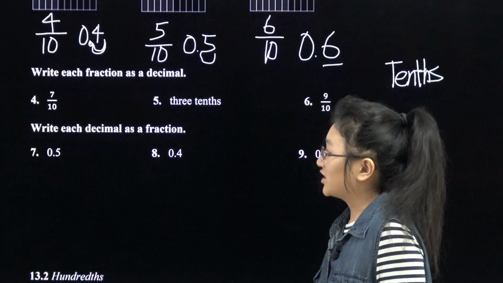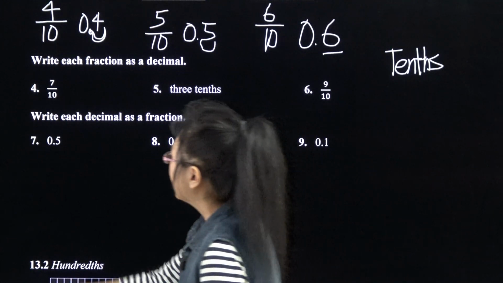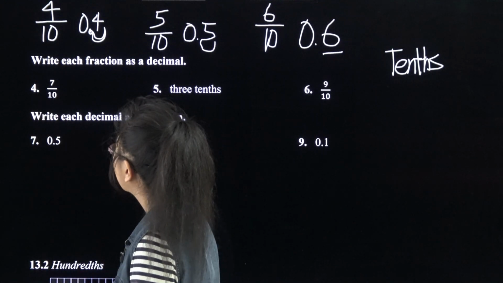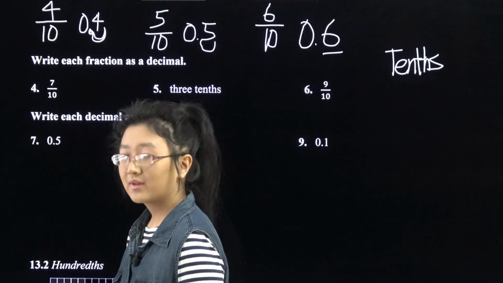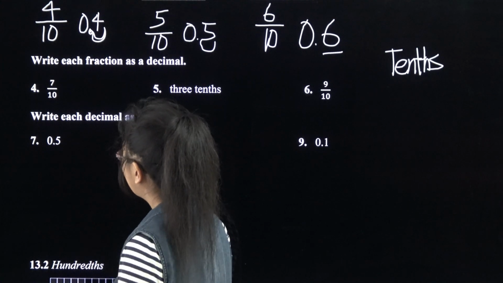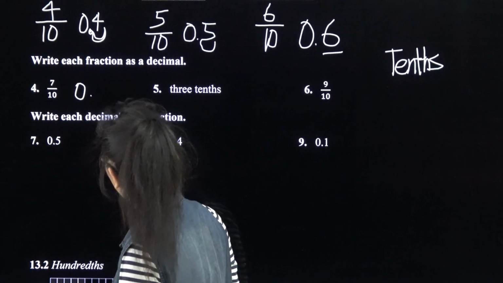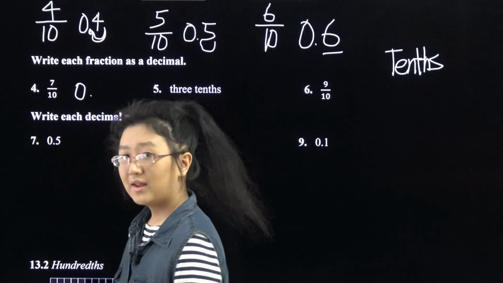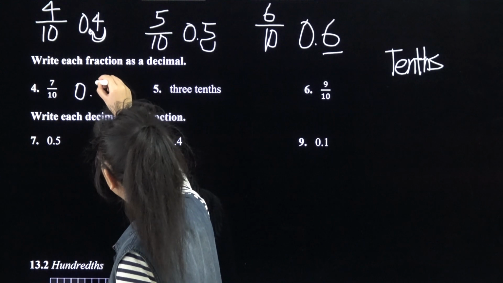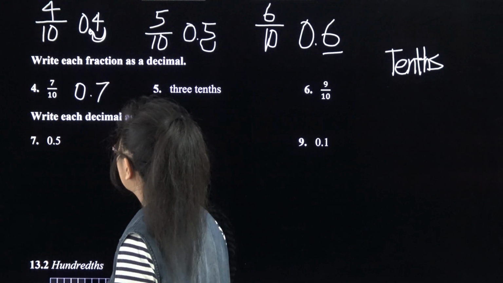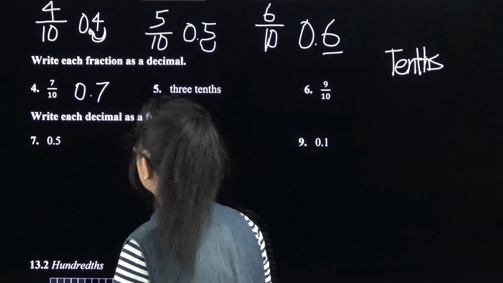Now, write each fraction as a decimal. This is 7/10. It has a 10 as the denominator. So we know that there would be only 1 digit after the decimal place, and that digit is the numerator. Ta-da!